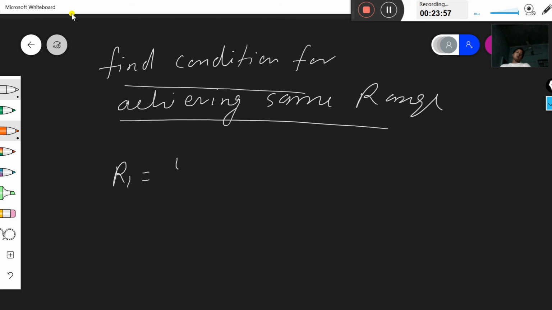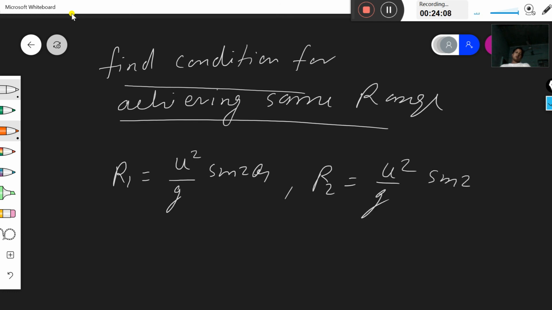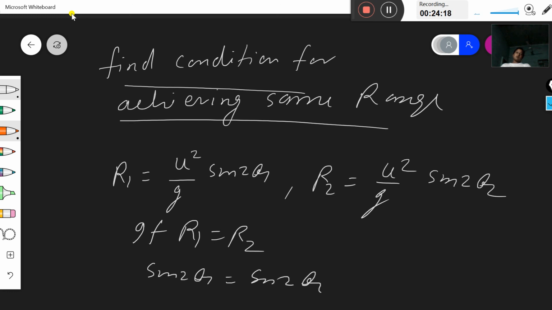R1 equals u square over g sin 2 theta 1, and R2 is u square over g sin 2 theta 2. If R1 equals R2, sin 2 theta 1 equals sin 2 theta 2.